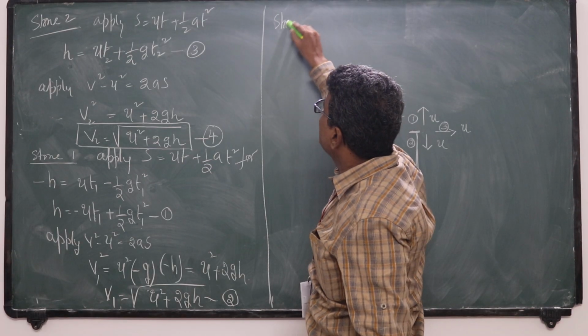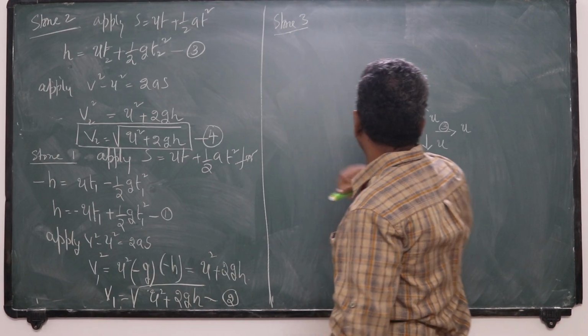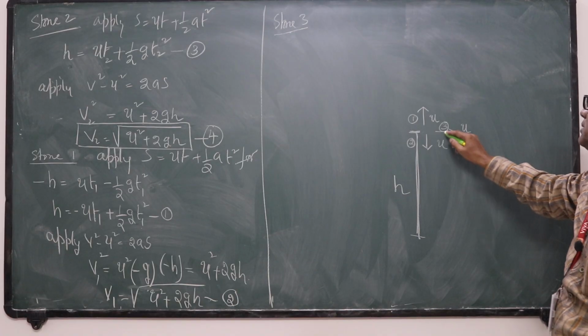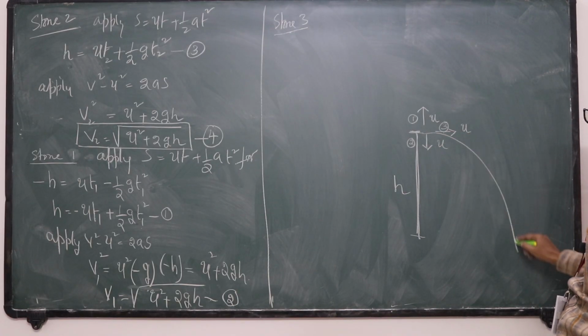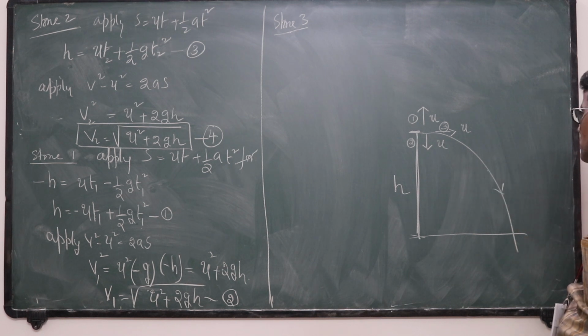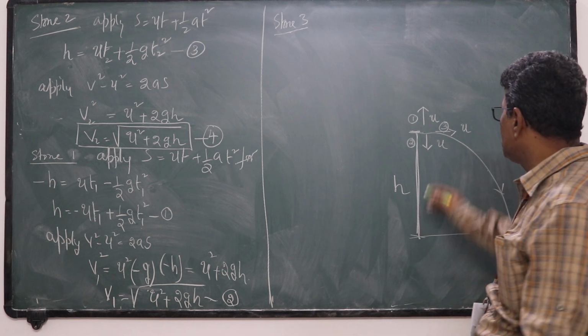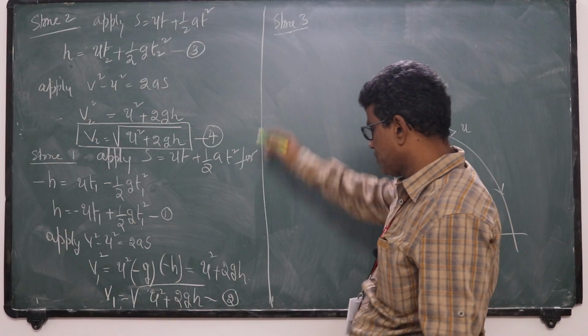For the third object, stone 3, it is projected horizontally, so it will take a parabola. So this is a projectile, a horizontal projectile. How much time will it take? We proved already.